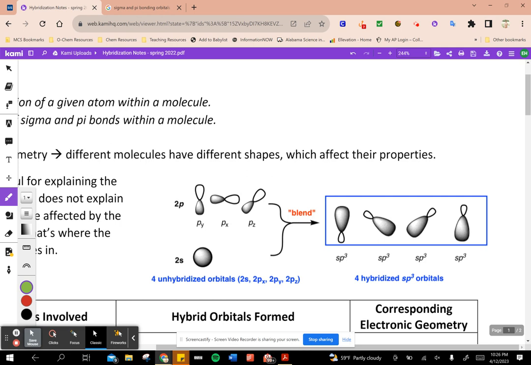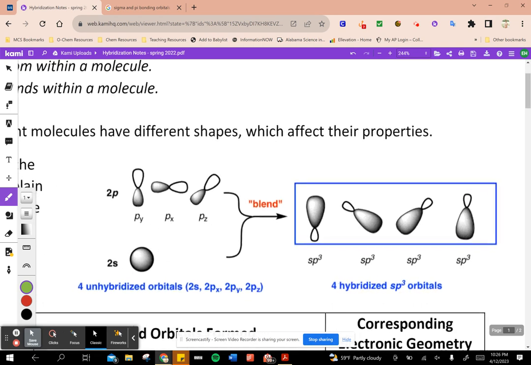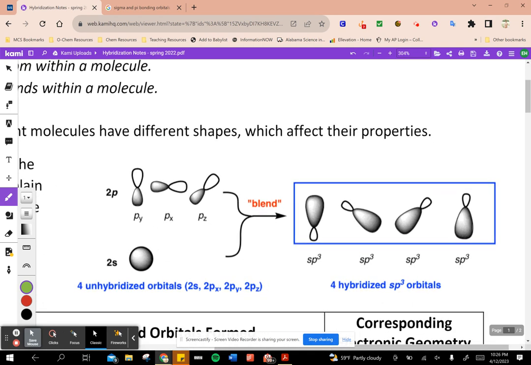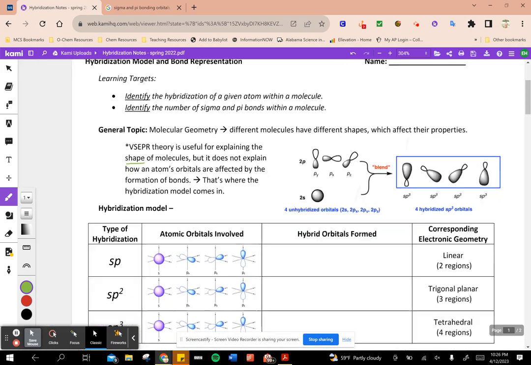Like when we were on a quote hybrid schedule during COVID, you would have spent part of your days doing virtual school online, and a few other days a week you would have been in person on campus. So it's a blend or a mix of both. And so what hybridization does is it blends or mixes those orbitals to create new hybrid orbitals.